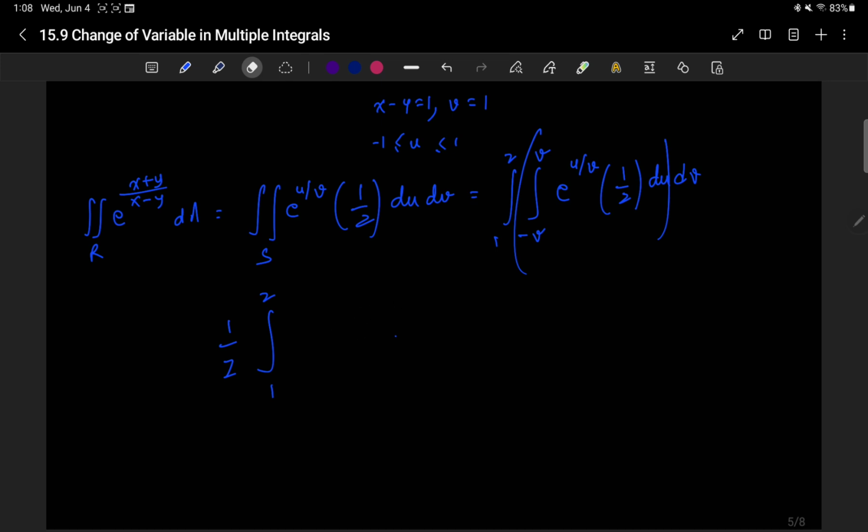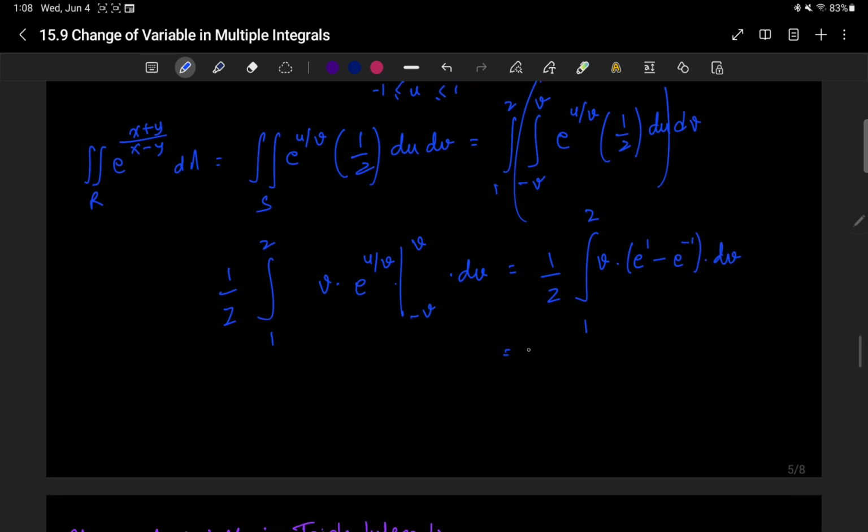So you get v e raised to u over v, with limits -v to v for u. When you plug in the values, you get v times e raised to v over v, which is 1, minus e raised to -1. So you have 1/2 (e minus e raised to -1), and then a 1/2 v squared from 1 to 2, which becomes 4 minus 1. So you get 3/4 (e minus e raised to -1).